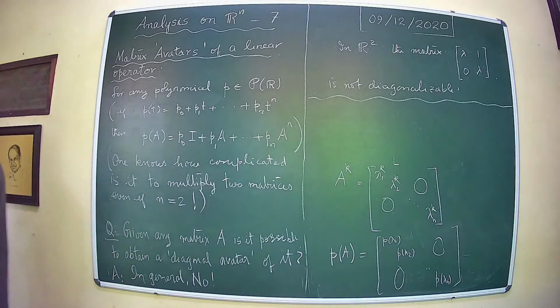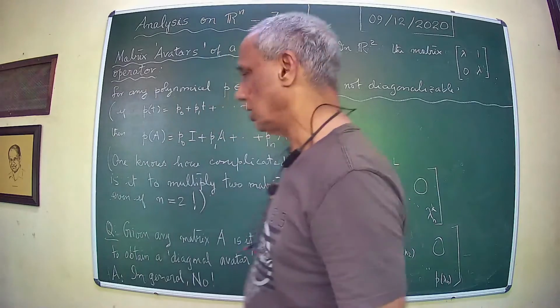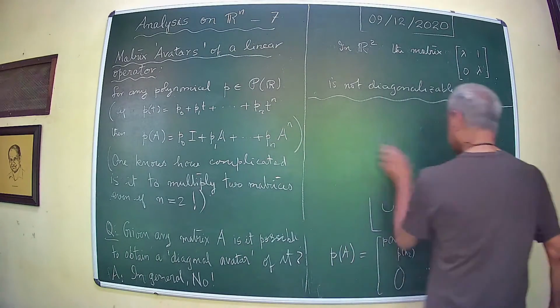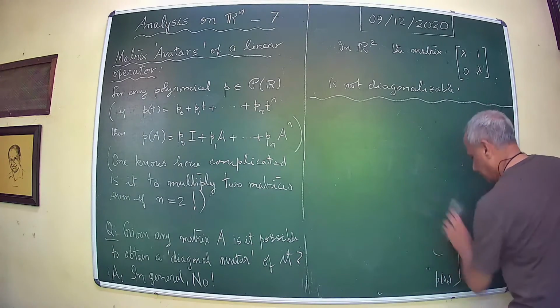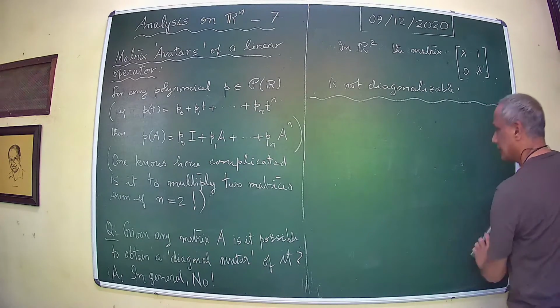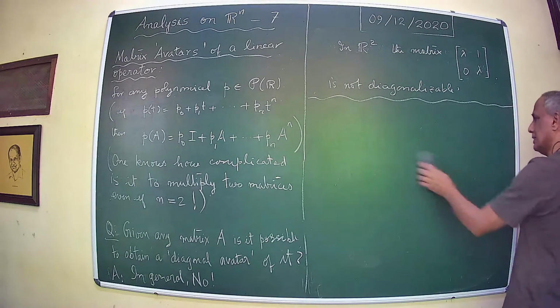Okay, so where do we go from here? That's what we should also think of. So what we observe is that we have matrix representations of a linear transformation. Therefore, it is easy to work out.